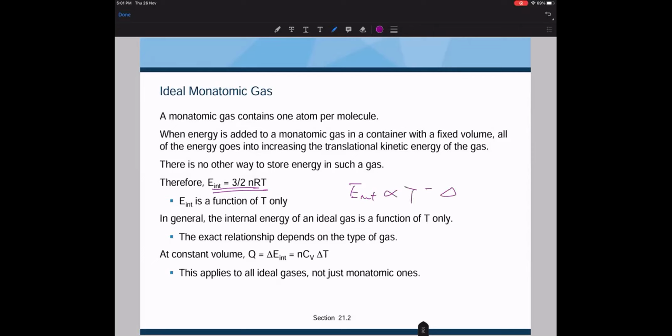Therefore, internal energy change is proportional to the temperature change. And the internal energy is, in general, a function of temperature in the ideal gas.